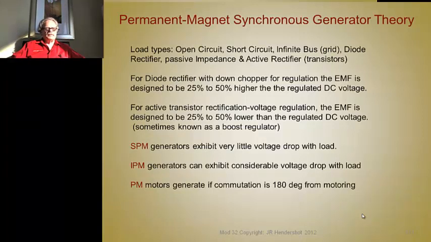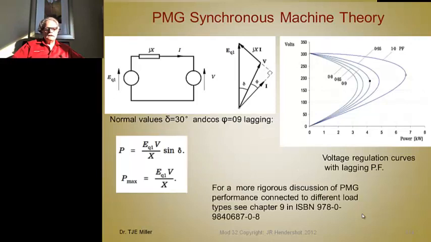As we said before, the surface mount machines have very little voltage drop with load. IPMs have considerable voltage drop with load, and they're designed that way on purpose. If the IPMs are made in a configuration like spokes in a wheel with a path on the ID, then they have good fault tolerance.